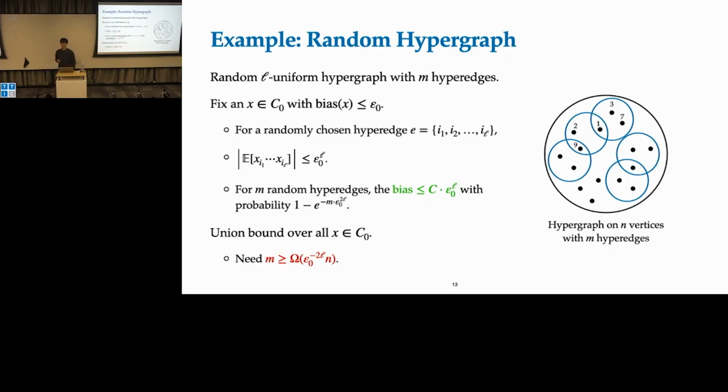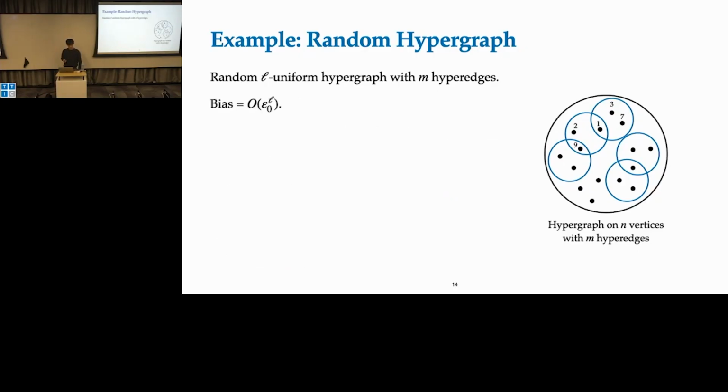Okay, so let's review some parameters here. We have bias epsilon naught to the L. We're choosing this many hyperedges, which means that we are blowing up from n to epsilon naught to the negative 2L times n, which gives us a rate of epsilon naught to the 2L. Remember, we are allowed to choose L and we're allowed to choose epsilon naught.